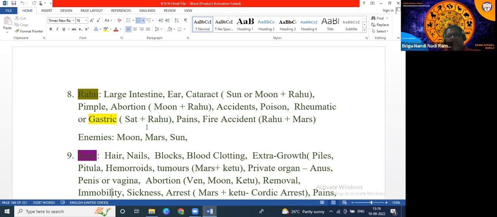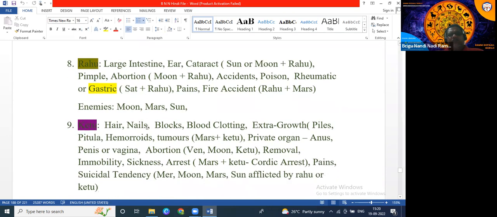Mars is fire, fire means Agni. So Kala Agni. This is the yoga of Kala Agni. So Rahu and Mars together, the native may be prone to get a fire accident. So anyhow, if Rahu is conjoined with its enemies, Moon, Mars, Sun, then the native will get these health problems.